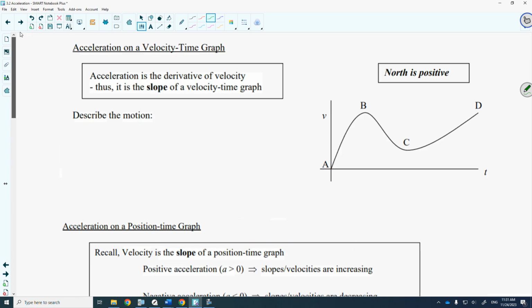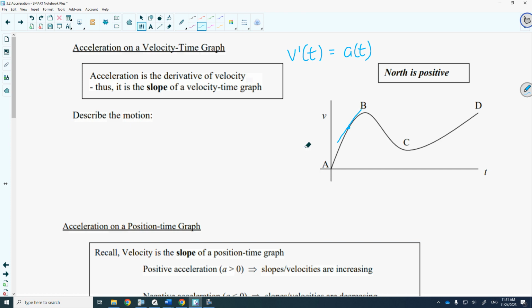If it's a velocity time graph, what would the slope give you? It would give you acceleration. So the slope on a velocity time graph gives you acceleration. If you take the derivative of your velocity time graph, you're going to get your acceleration.